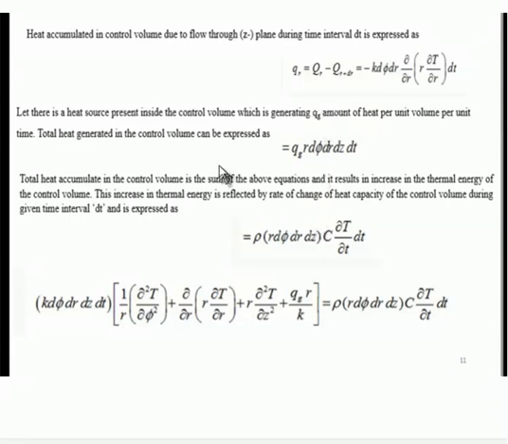If you substitute all of these, we get the term k dφ dr dz dt, which is taken outside as it is common to all the terms. We are left with 1 by r.